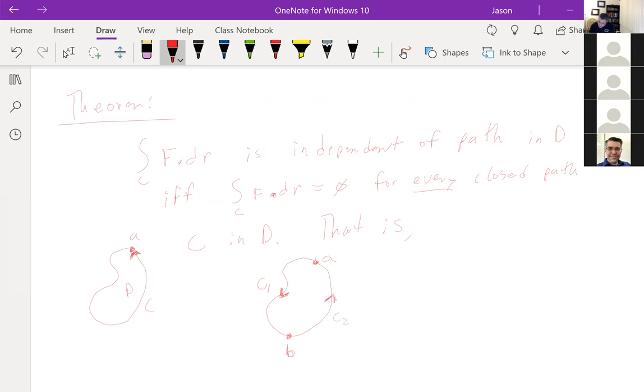And I would say that the line integral on C1 of f dot dr plus the line integral on C2 of f dot dr is equal to 0.